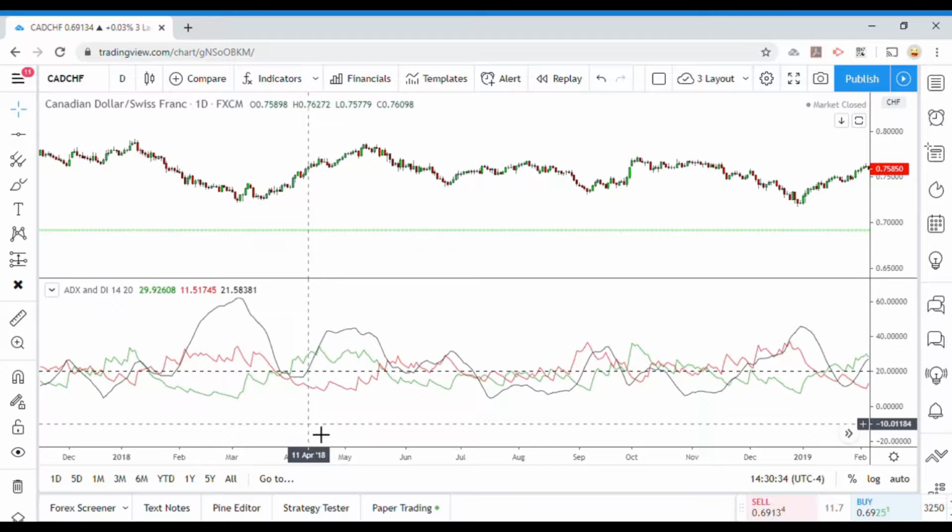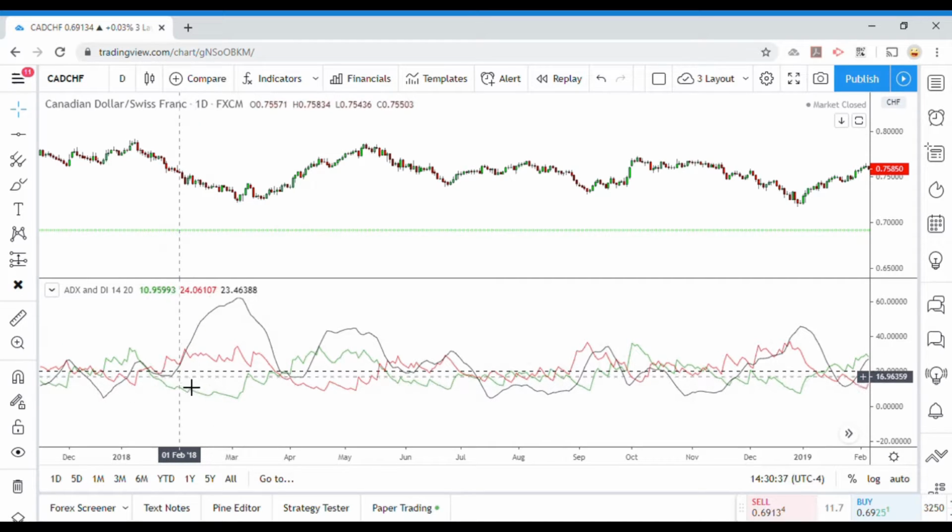A very basic version of how Wilder explained this indicator should be used: the black line above the 20 indicates strength in the trend. So that's our first signal that we're looking for, that the black line needs to be above the 20 marker to indicate that there is strength in the movement.